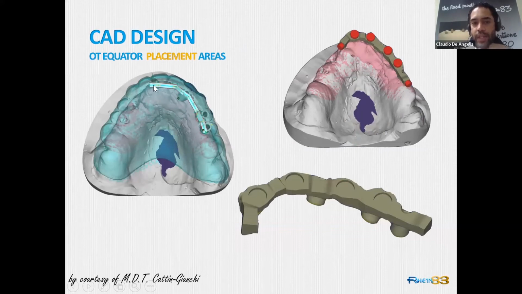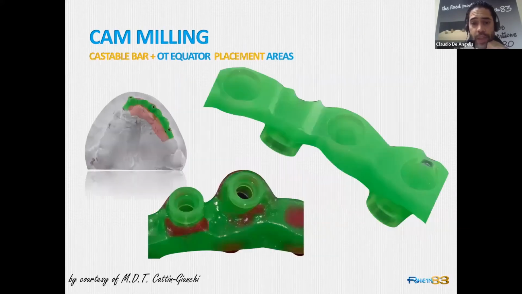The bar, of course, is in connection with the implants. This bar is made in analogic, and to pay attention to the manufacturing costs, they produce it in Castable.